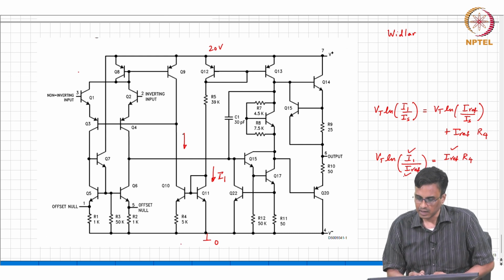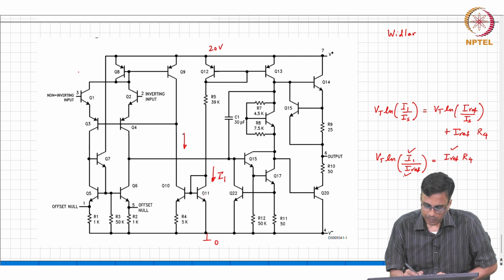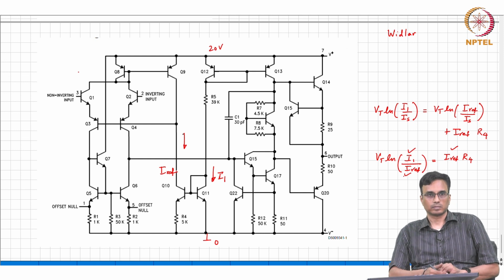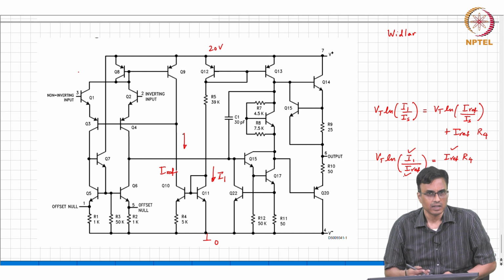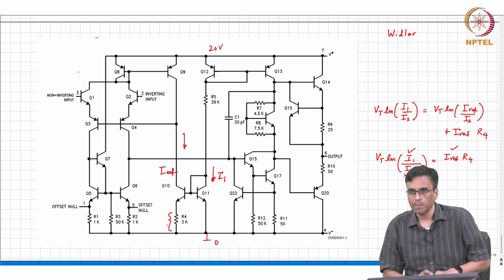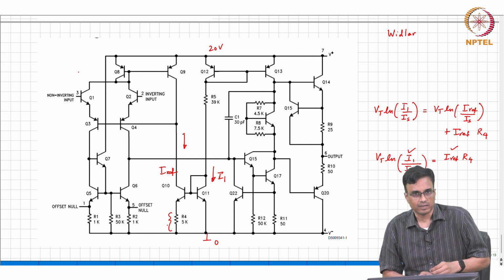And the nice thing about this circuit is that, what comment can we make about IREF? Is it going to be much smaller than I1 or larger than I1? It's going to be much smaller, because it's going to be smaller by e to the power of the drop across that resistor, right.